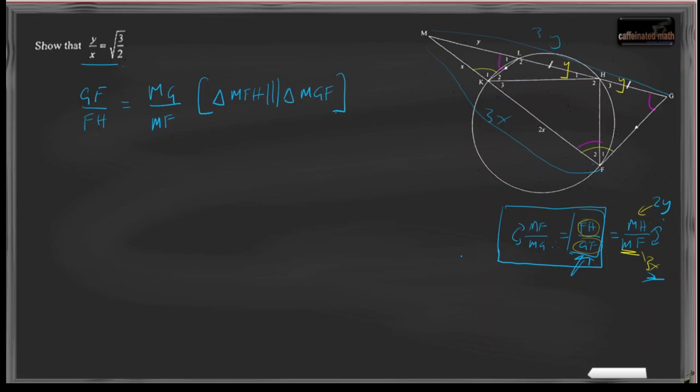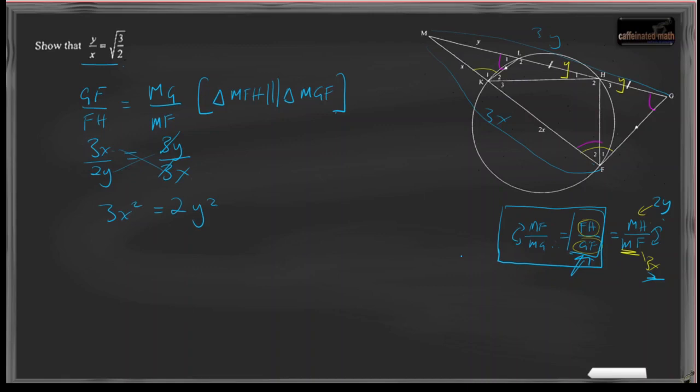And if we have a look at that, proper substitution will give us 3x over 2y being equal to 3y over 3x. Well, 3's cancel out. Now I can just cross multiply. So we'll have 3x squared being equal to 2y squared.